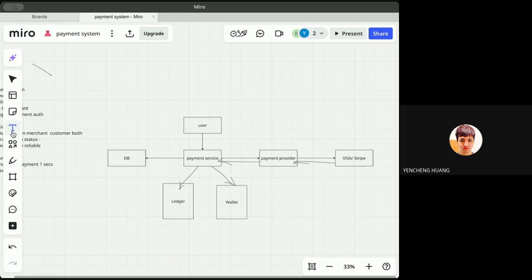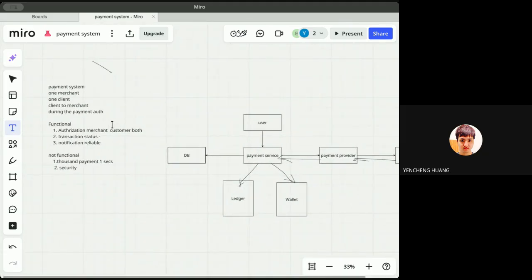We save it in our service, in the ledger and wallet, to store the transaction status. This is decided for one merchant and one client, but for pay-in or pay-out flow it's kind of the same.